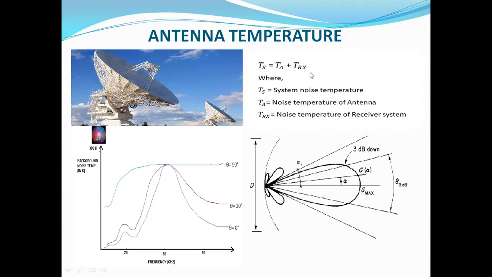This is the noise temperature of the receiving system. So these two get added to give the equivalent noise temperature of the satellite receiving antenna system at the ground station.